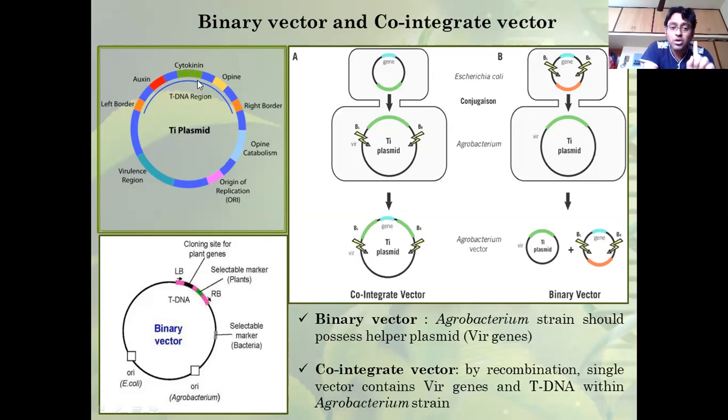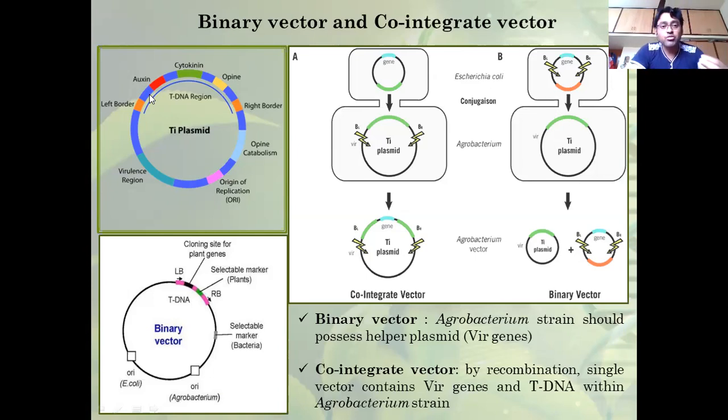But not only this expression cassette; another necessary thing is another expression cassette, which is mainly required for the plant system. Why? Mainly for the selection of the recombinant plant.